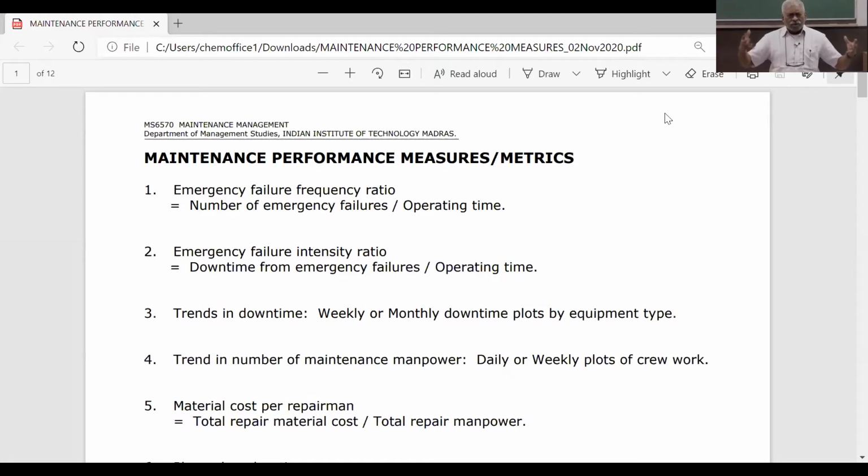I hope you got the point. If you take a period of time, let us say 6 months, you'll have a total set of failures of equipment. All of them are not emergency failures. Some may be minor failures which you can attend to, and within half an hour the machine is up and running, or even less than half an hour. Emergency failures typically are associated with intensive work on the machine.